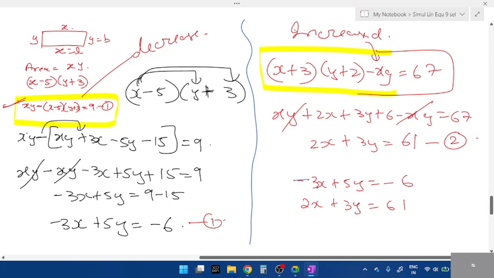There is minus. Shall we eliminate 3? Yeah, eliminate 3. Be quick.